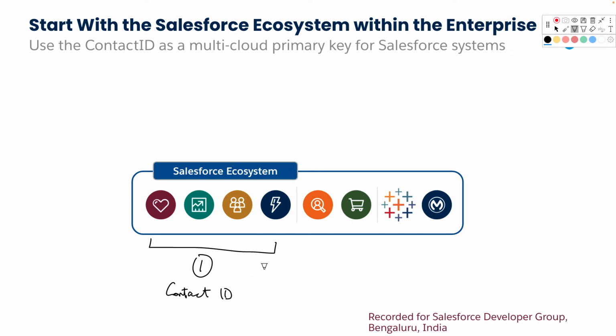Now this contact ID is referenced as a foreign key in the non-core clouds, because we have just seen that we can integrate contact ID through APIs with commerce and marketing. So there will be a reference or a foreign key which is going to be used in non-core clouds. And lastly, we will leverage the collection of IDs to retrieve the data.